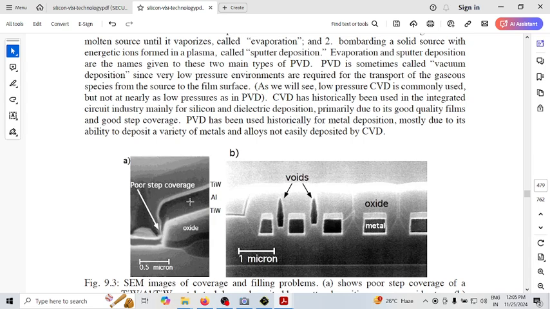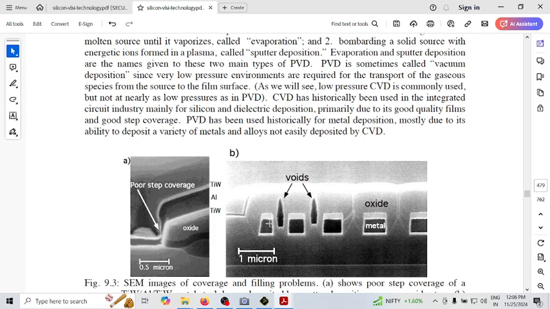This is the thickness of the titanium and tungsten, and this much was the deposition of aluminum, but the step coverage of aluminum is very, very poor, and the step coverage of titanium and tungsten is also poor.